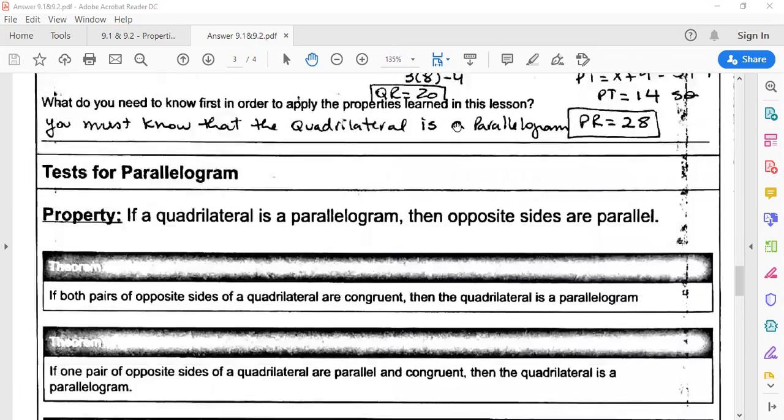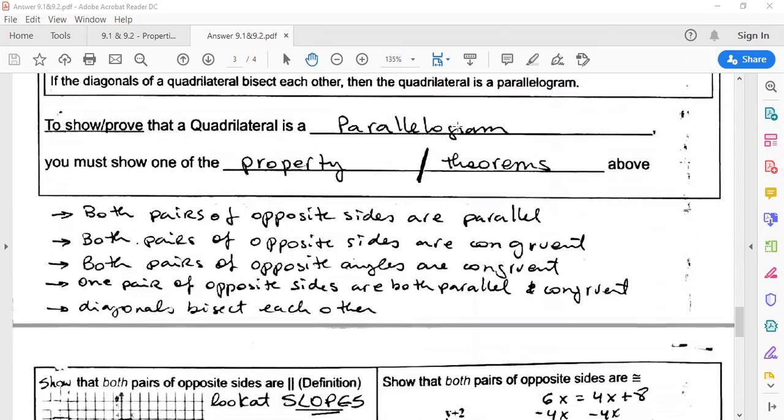I listed them here: show that both pairs of opposite sides are parallel, show that both pairs of opposite sides are congruent, show that both pairs of opposite angles are congruent, show that one pair of opposite sides are both parallel and congruent, and show that the diagonals bisect each other. You only need to show one of these, and then you've proven it's a parallelogram.